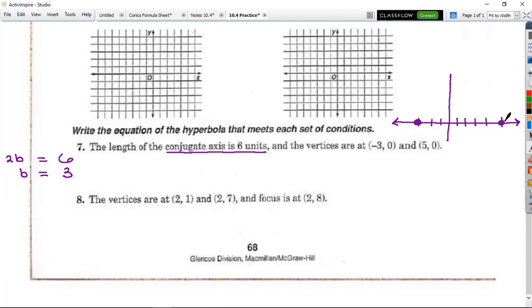This axis, once again, is horizontal. Your vertices are right on it. So this means we have a horizontal transverse axis.